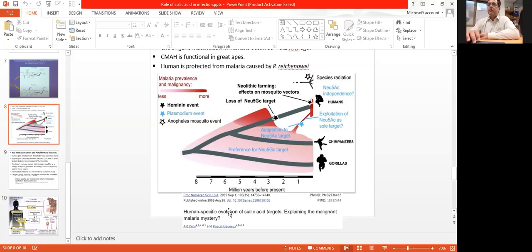So you can also go through this paper, human-specific evolution of sialic acid targets, explaining the malignant malaria mystery. This is very important for you to go through and study about this human-specific evolution of sialic acids in different settings.